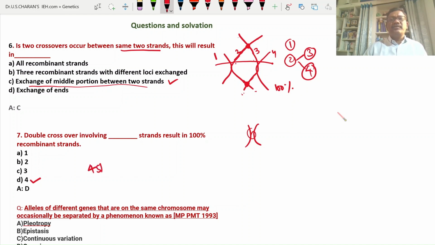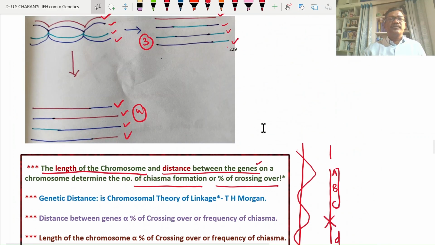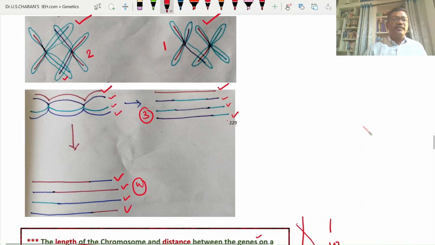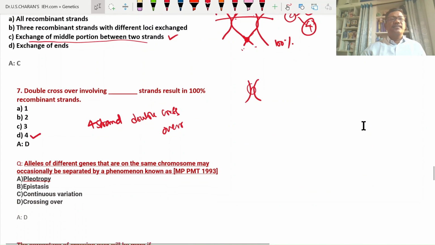That is the 4-strand double crossover. This one: 4 strands are involved, and 4 genetic recombinations are produced. This is 4-strand double crossing over.